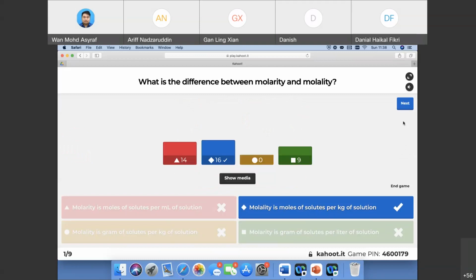So the difference between molarity and molality, okay, so basically molality is moles of solutes. Ingat mole bahagi kilogram solution. Kalau molarity, molarity apa? Mole bahagi liter of solution. Dia perbezaan dekat solution tu. Okay? Alright. So kita go to the next question.